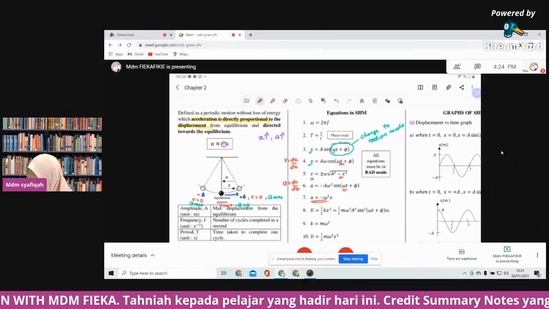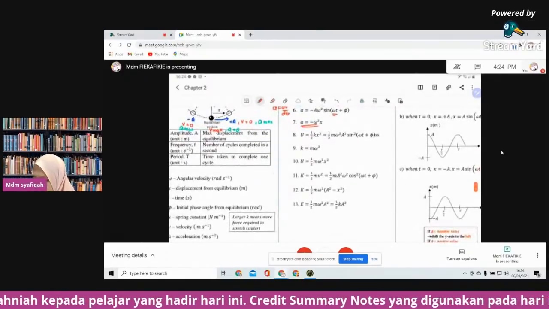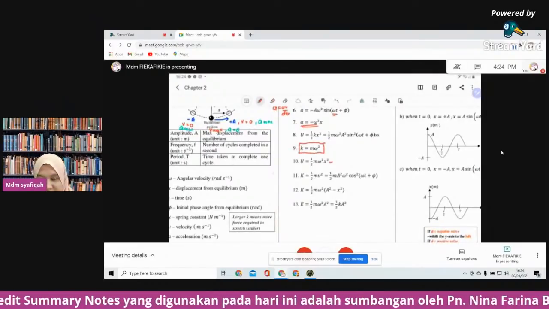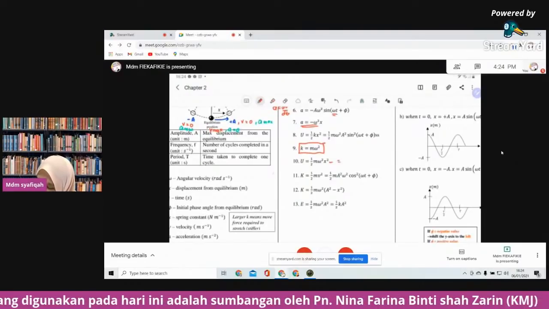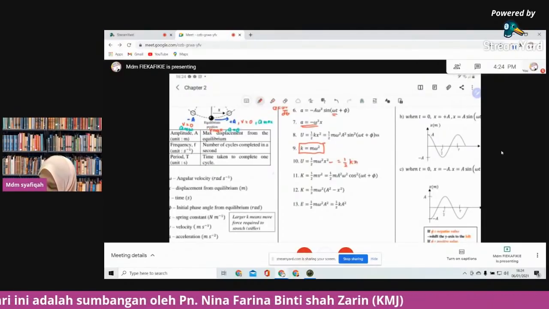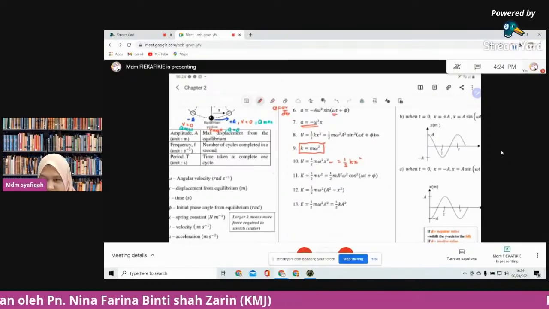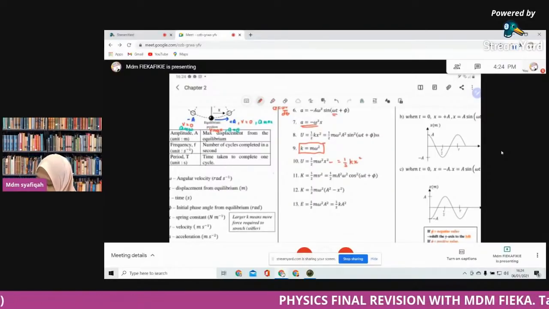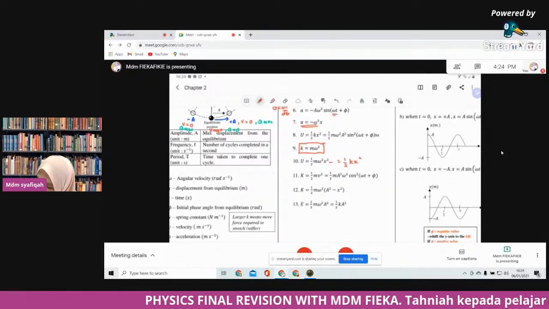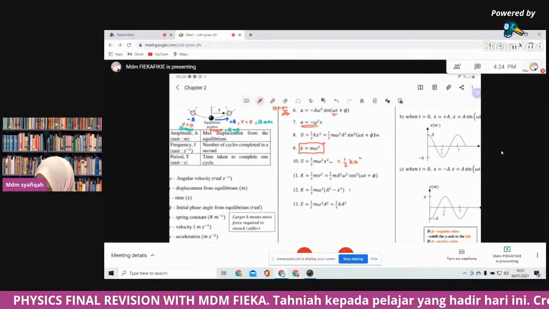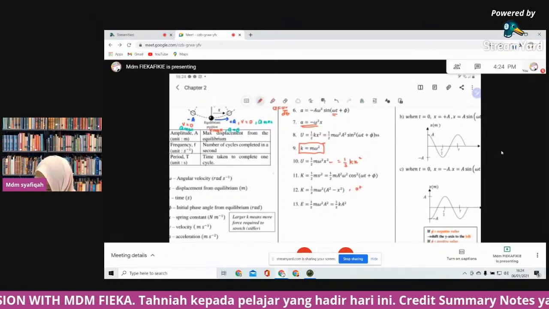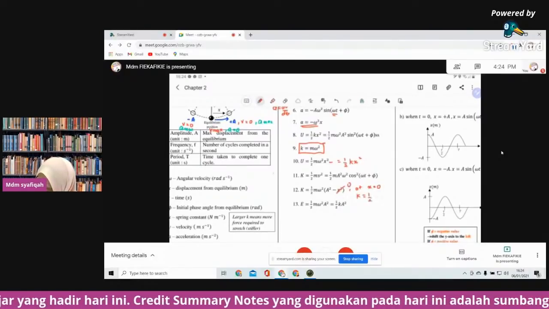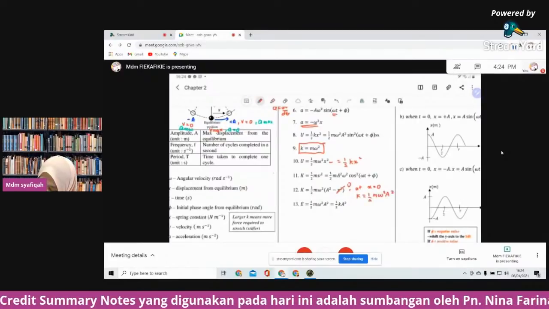So this is the formula for potential energy. Don't forget, k is equal to m omega squared. Therefore, U is equal to half kx squared. You have met this before, right? U is equal to half kx squared. And K, look here, at x equal to 0, K is equal to half m omega squared A squared.